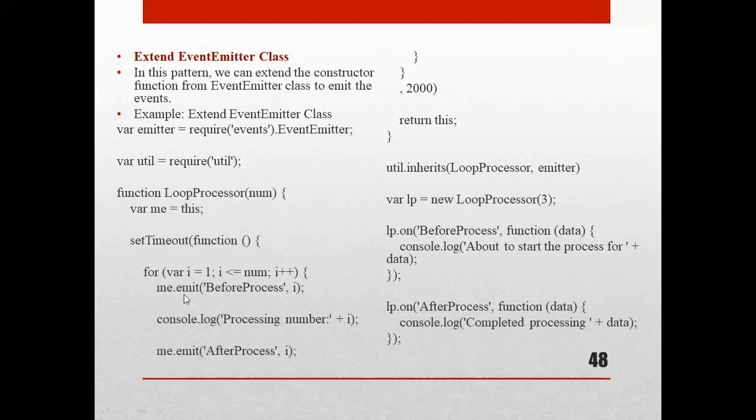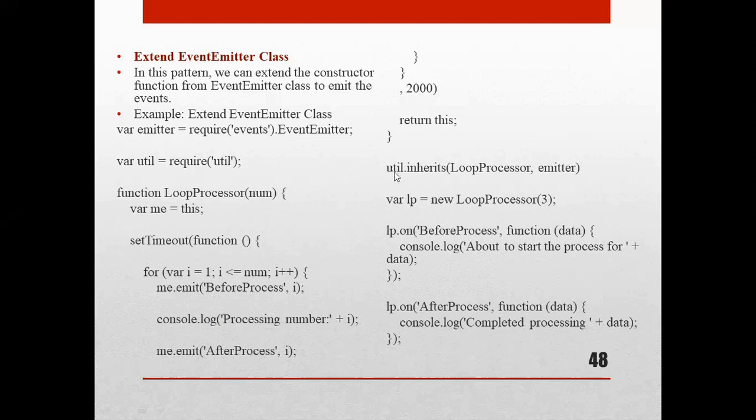So me.emit before process I, similar to the previous example, will print a processing number. Then me.emit after process. We have set the timeout for 2 seconds and we are going to return this, which means this event we are going to return.